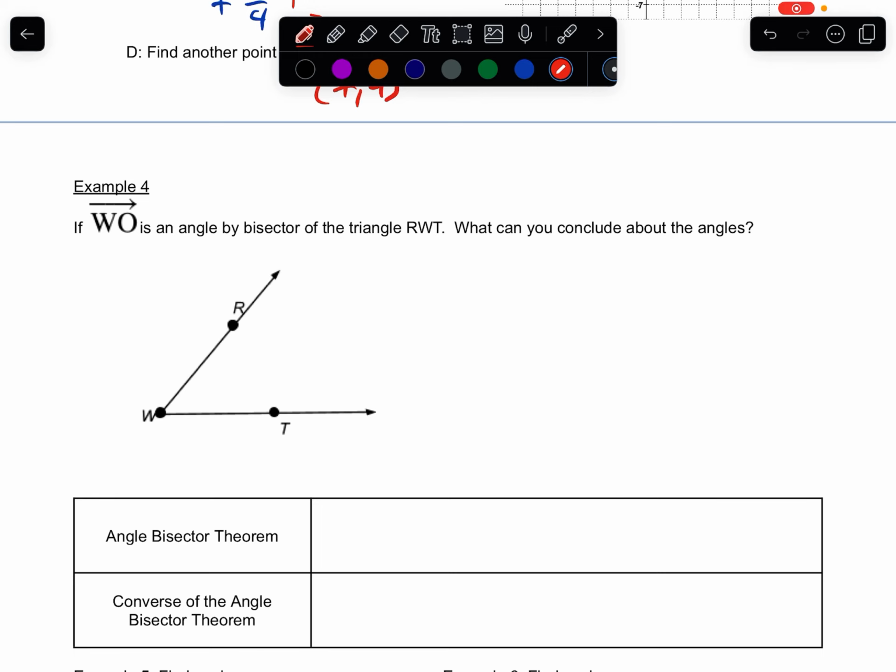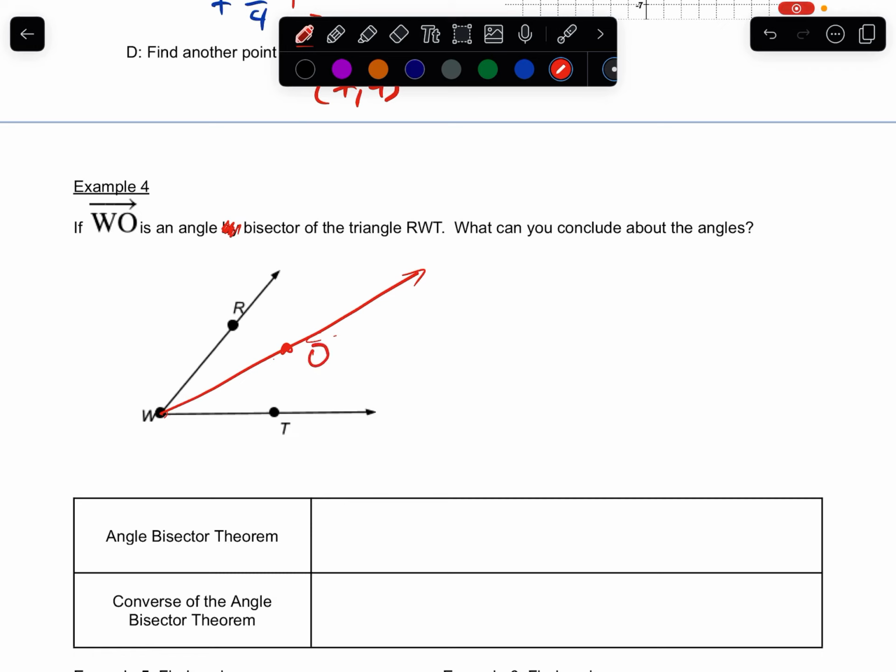All right, next one. So if WO is an angle bisector of triangle WRT, what can you conclude about the angles? So I guess there was a triangle here, but let's draw WO. Right, so WO is here, so O is somewhere here.